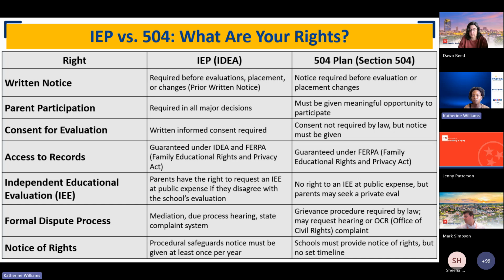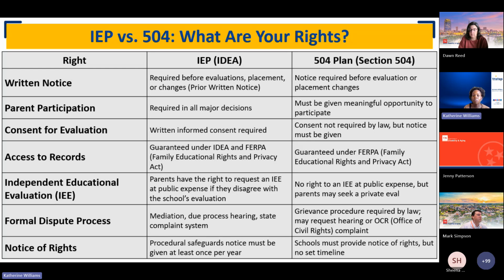For the 504 plan, there's no right to an IEE at public expense, but as a parent, you can seek out a private evaluation, and the school is legally required to consider those outside evaluations. They still can determine that the child is eligible or not eligible, but they need to provide specific reasoning of why, and data, and be able to back up their decision with that information.